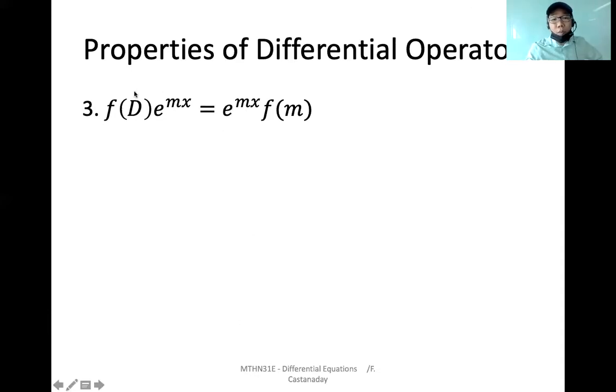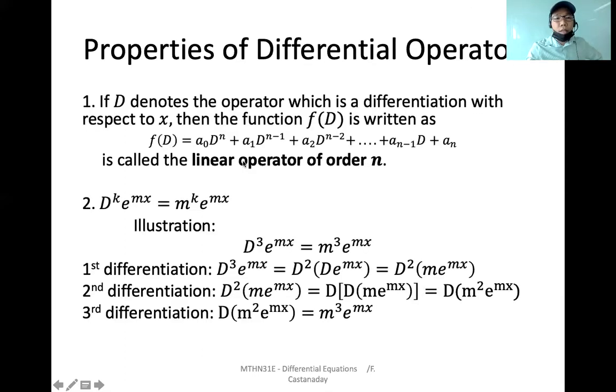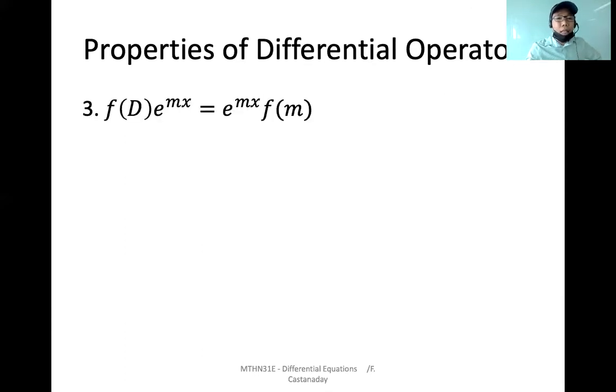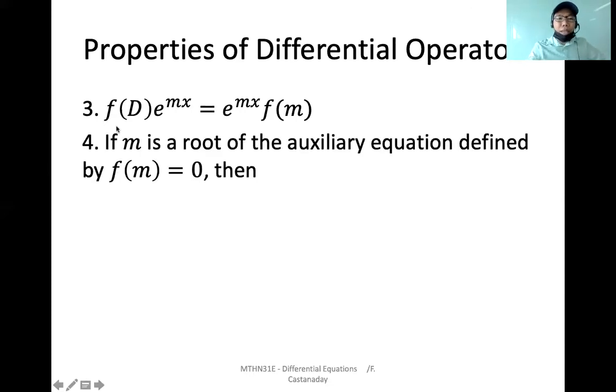F of D is a linear operator, right? Yeah, a linear operator of order n. Now we have this equivalent, e raised to mx times f of m. This f of m is an expression, okay? Replacing D by m. And what is that m?